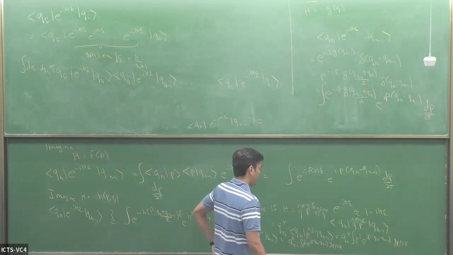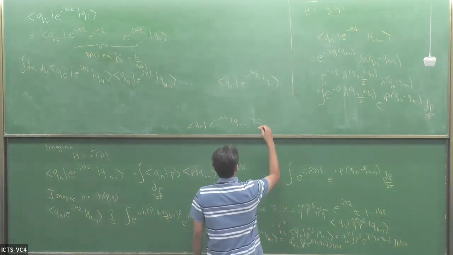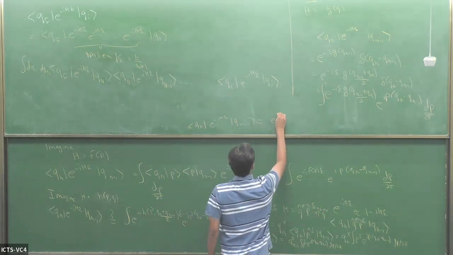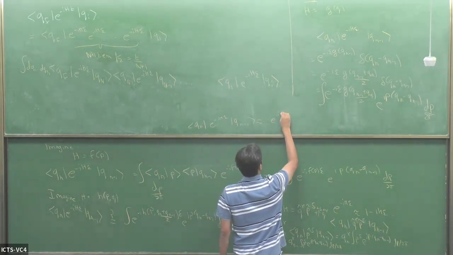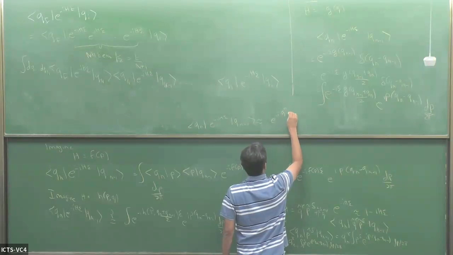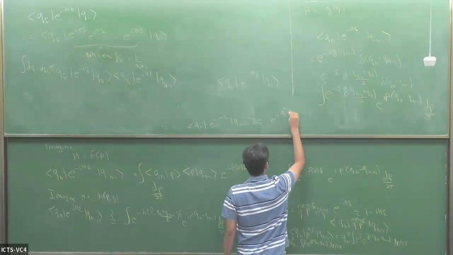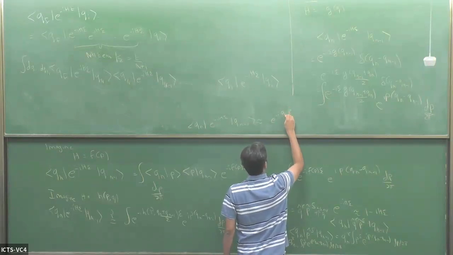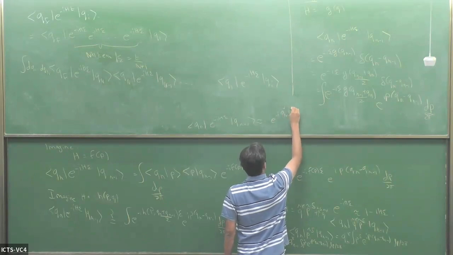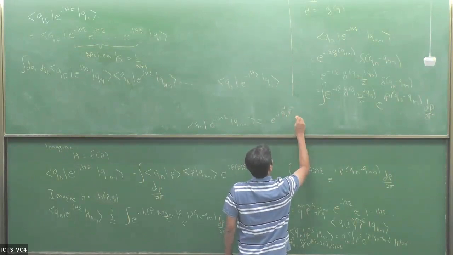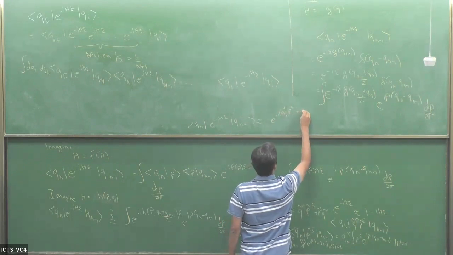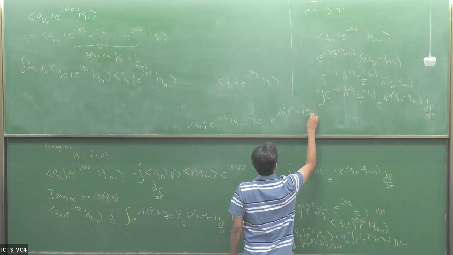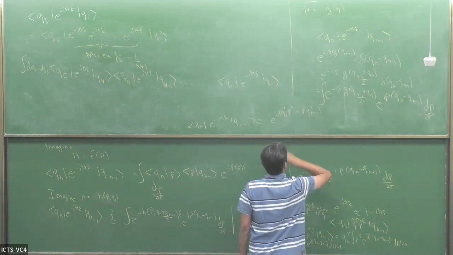Okay. So I can write this as e to the minus i times q_n to the r times p to the s. And then there's another term here which looks like p to the s times q_{n-1} to the r.